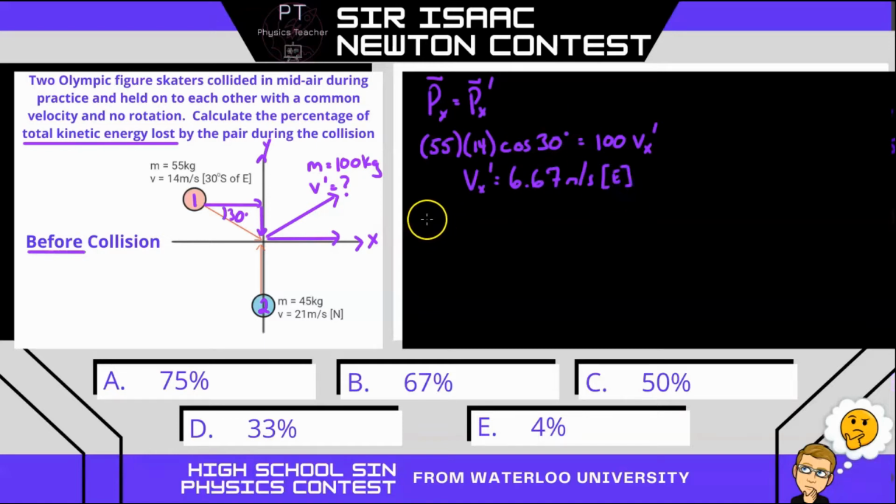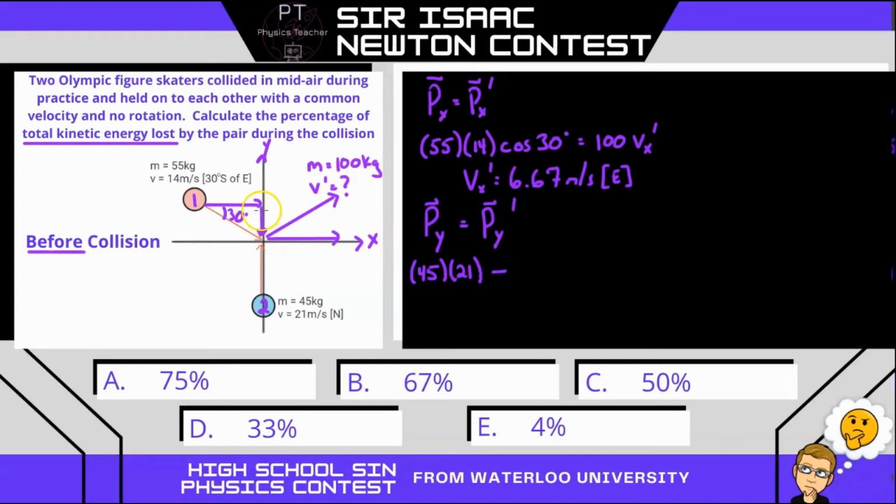Right, now we have to do the same thing for our y components. All the momentum in y before the collision must equal all the momentum in y after the collision. Before the collision, we have skater 2, who is traveling north. That'll be our positive direction. Remember, this is conservation of momentum, so we need mass times velocity. So we have 45 times their velocity, 21.